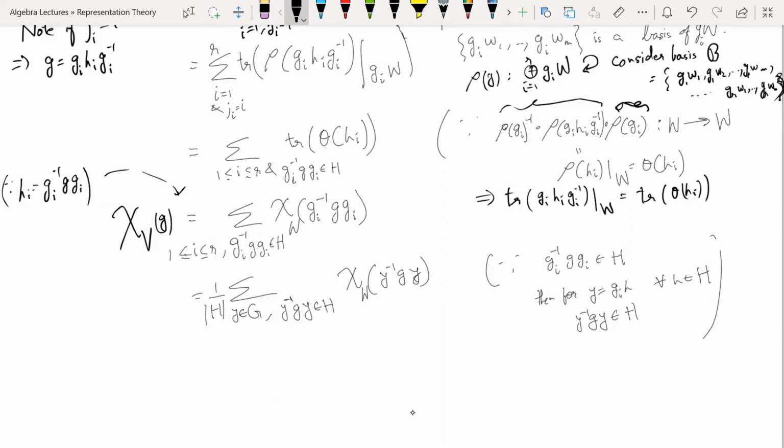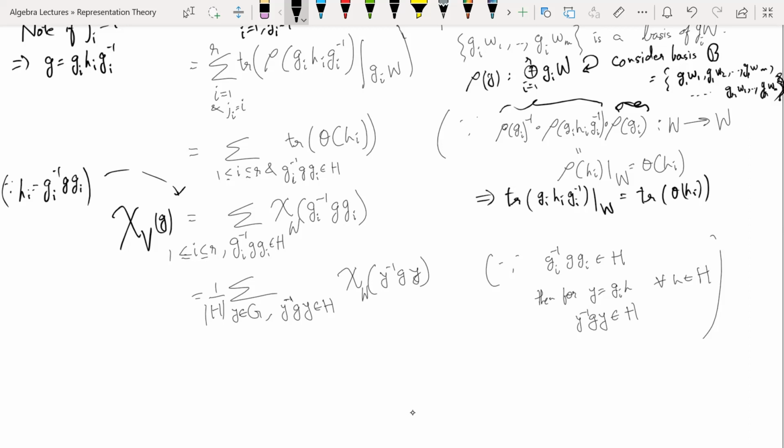Now if you want to get rid of representatives, what you can do is sum over all y in G. Instead of taking just certain representatives G_i, you sum over all y in G. But if G_i has the property that G_i inverse G G_i belongs to H, then G_i times H will also have that property.